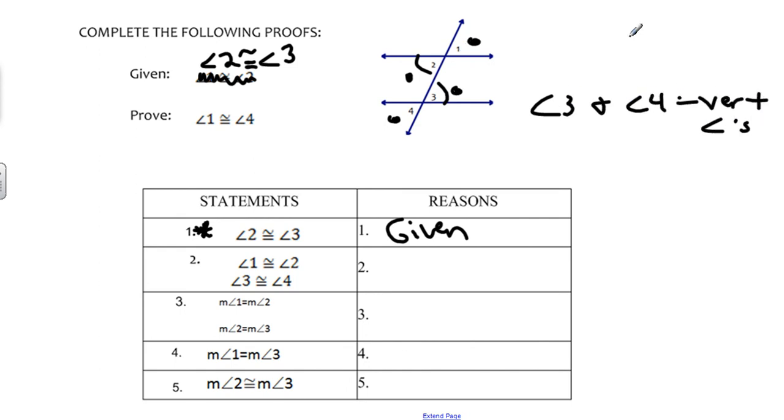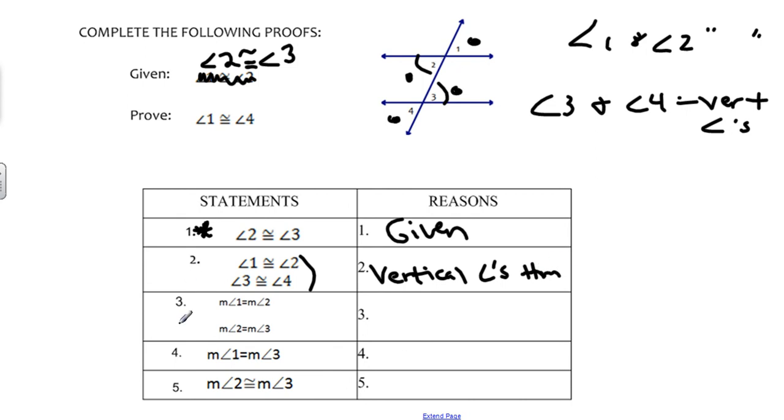And so are angle 1 and angle 2. And when you have vertical angles, they are congruent. So the reason we put angle 1 and 2 congruent, angle 3 and 4 congruent, is by the vertical angles theorem.